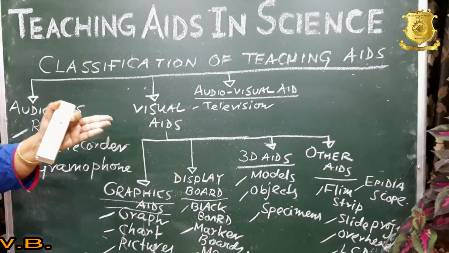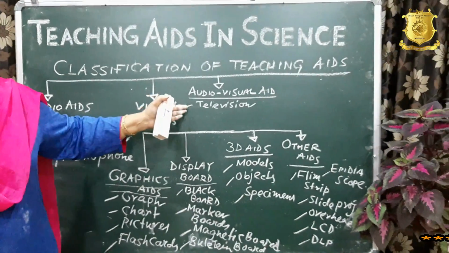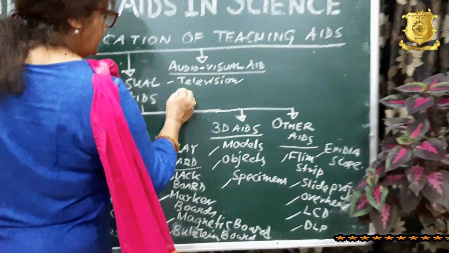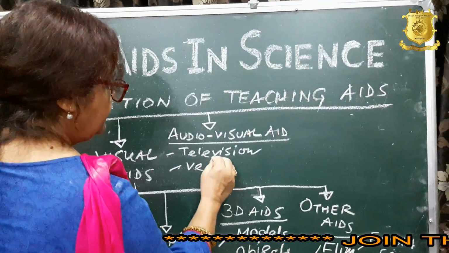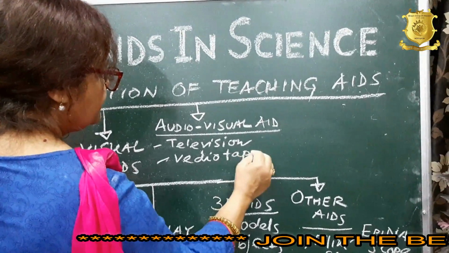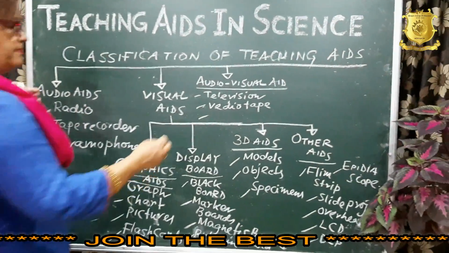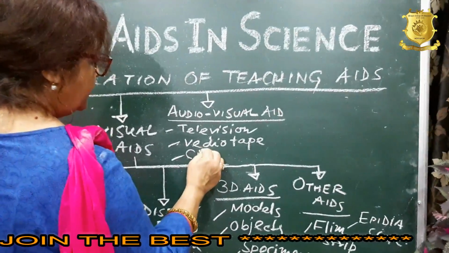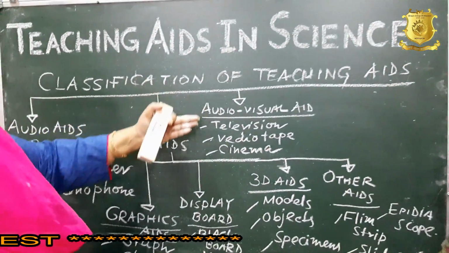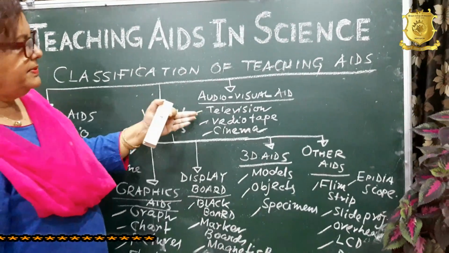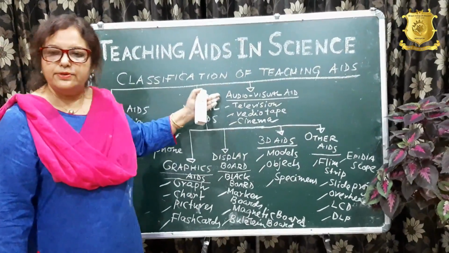It is one of the important types of audiovisual aids. Next is videotape, which was used very much previously. Another is cinema; from cinema and different kinds of documentaries we learn many things. Television, videotape, cinema are examples of audiovisual aids.